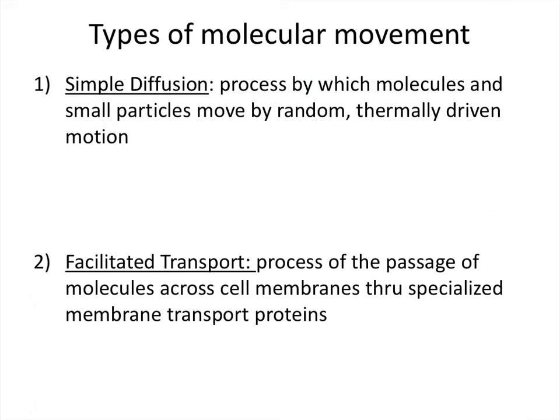So let's start off by talking about some types of molecular movement. The two that are listed here are simple diffusion and facilitated transport. As you can see, simple diffusion is the process by which molecules and small particles move by random, thermally driven motion. You've certainly heard about this in other classes before, such as introductory biology. As a reminder, some of the key features are that simple diffusion is a passive process.